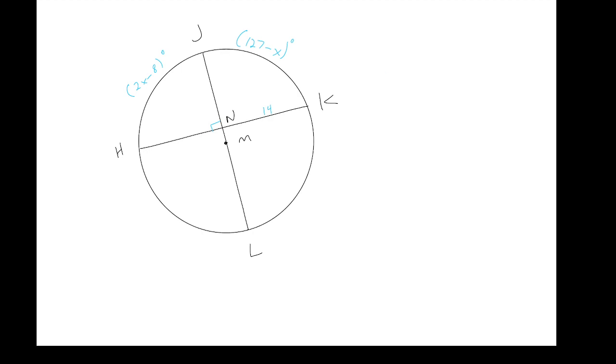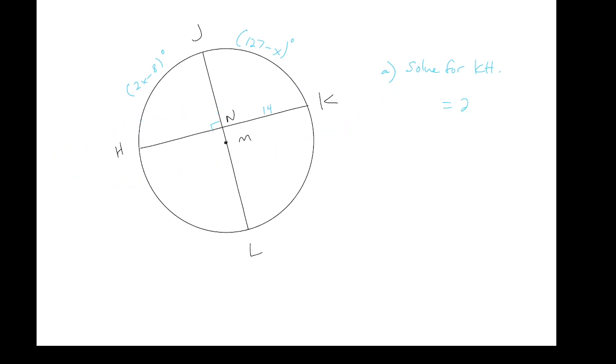So the first thing we're going to solve for is KH. All right? Well, remember what we had just proved to be true. KH, that's this whole segment here. Well, this is going to be pretty straightforward.